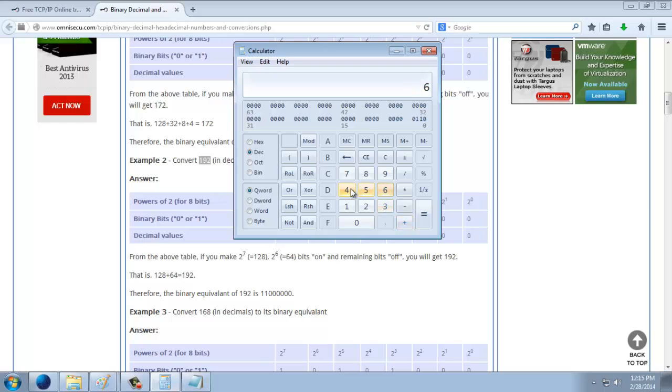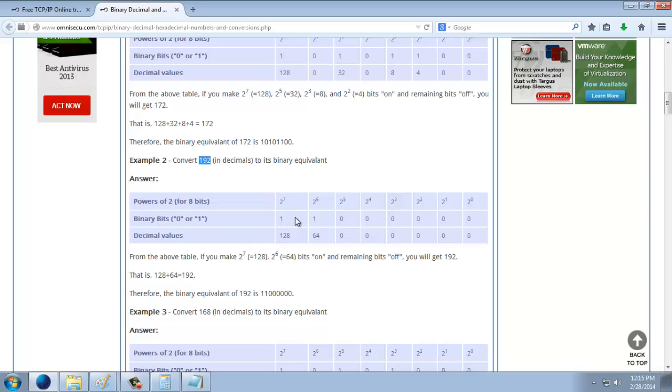So we have to keep the 8th bit and the 7th bit as 1, and all the remaining bits are 0. So this is 128 plus 64, we will get 192.